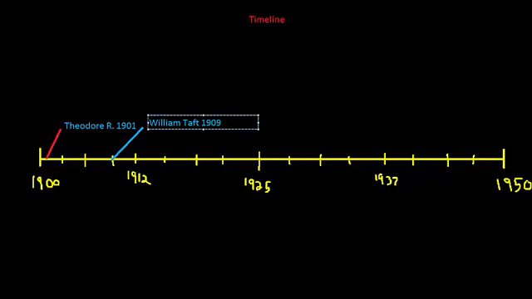Our next person was Woodrow Wilson in 1913. Here's 12. Here's 15. So in 1913, which is right after 12, obviously, we can add Woodrow Wilson.